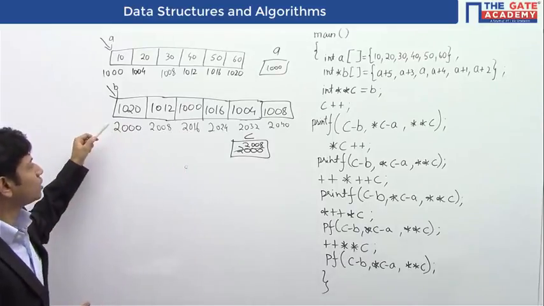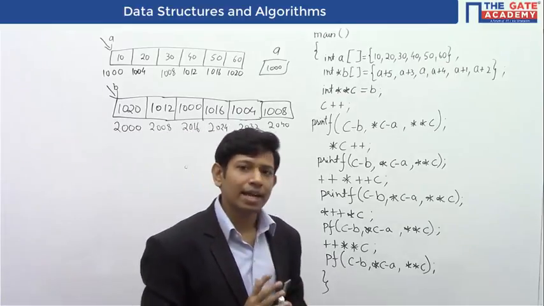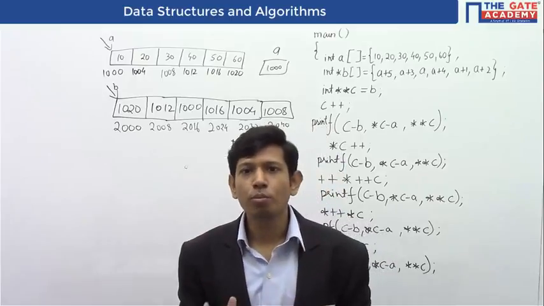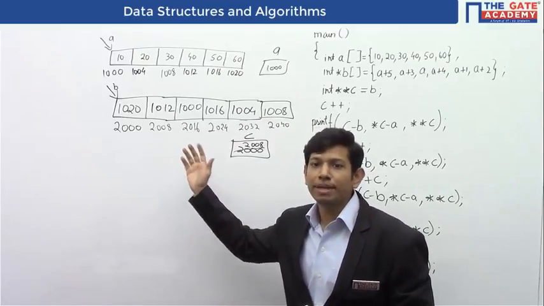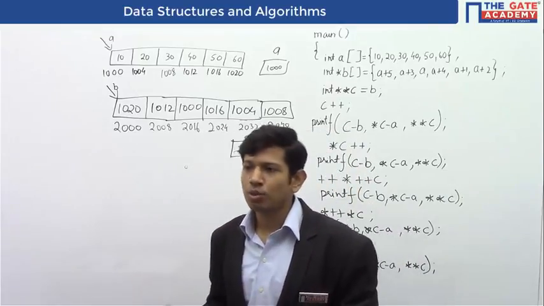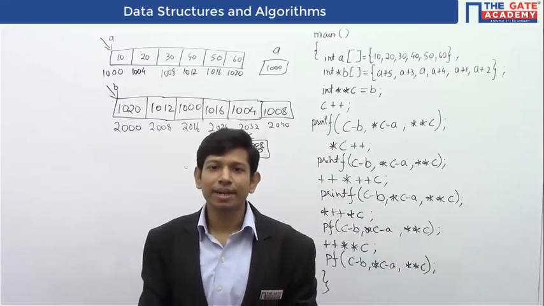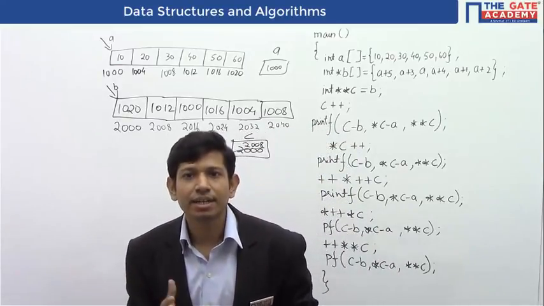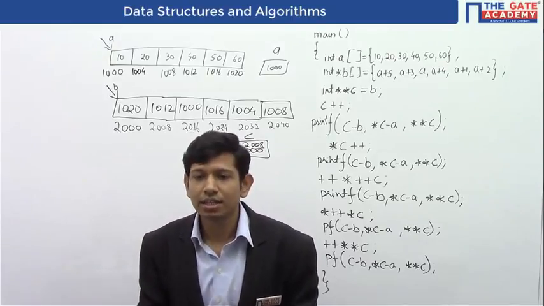B is the base address of array B, which is 2000. So C minus B is the difference of two memory addresses in the same array, that array being B. So it is 2008 minus 2000. So what is 2008 minus 2000? Whenever pointers are subtracted, see, these base addresses are nothing but pointers. These addresses are memory locations. These are the pointers.